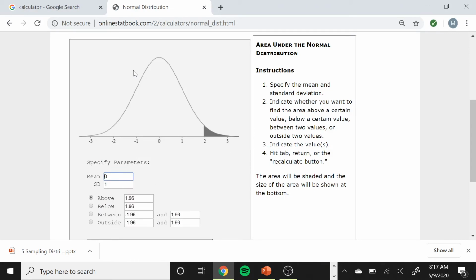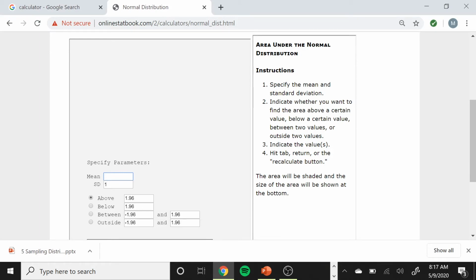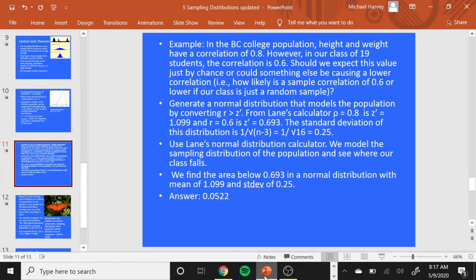Fisher's Z is a normal distribution just like this, and we put in that mean that we just got, 1.099. And what we're interested in is how likely scores are that are 0.693. That's the z-score that corresponds to a correlation coefficient of 0.6.